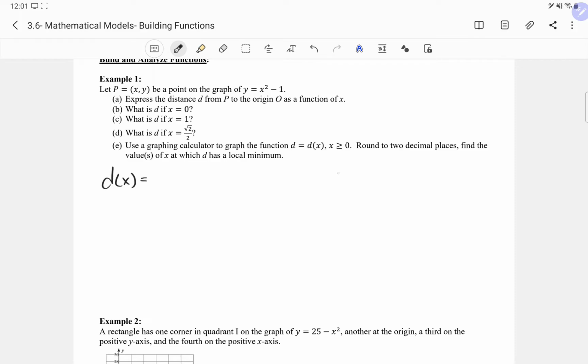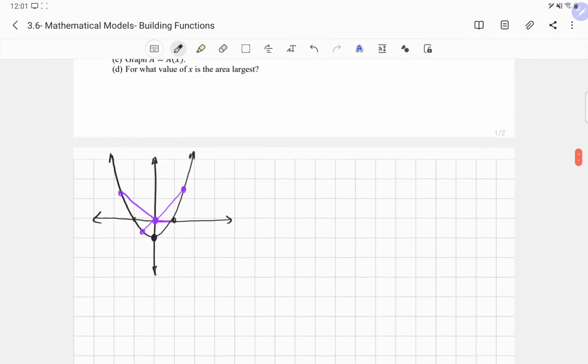One thing that you do need to recall, and I'm actually going to do this on a separate piece of paper, is that the distance formula is the square root of x1 minus x2 squared plus y1 minus y2 squared. Now in order for this to be a function, remember that this has to include only one type of variable.